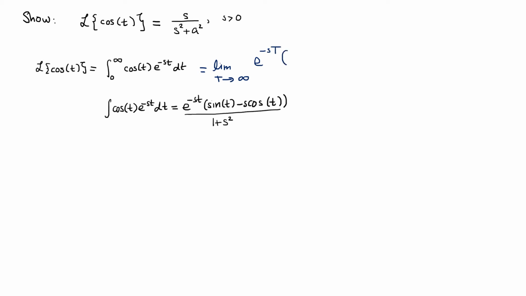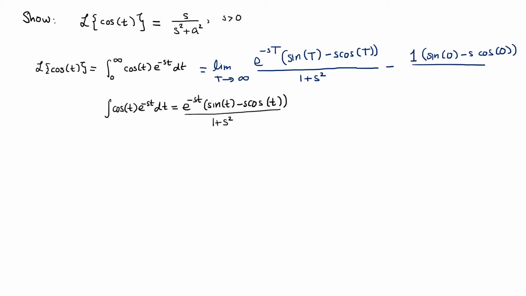I'm going to pause for a second to do that. And we're also going to plug in t equals 0 here. So that's going to look like 1 times sine of 0, which is 0, minus s times cosine of 0, over 1 plus s squared. Okay.